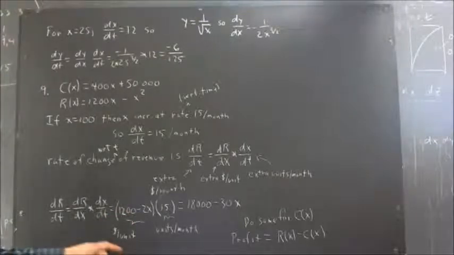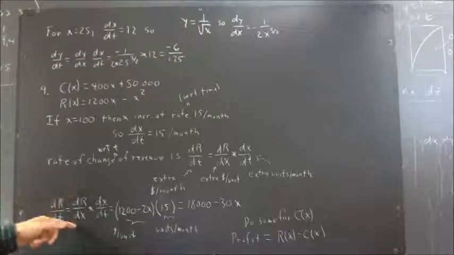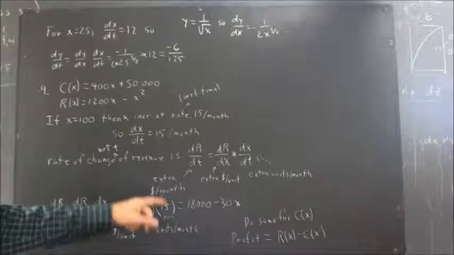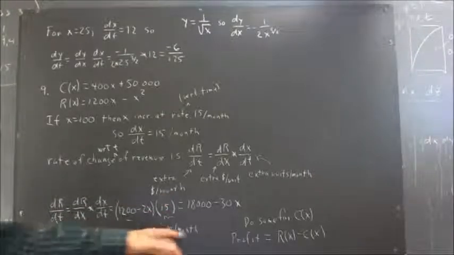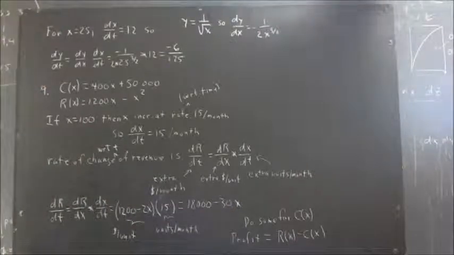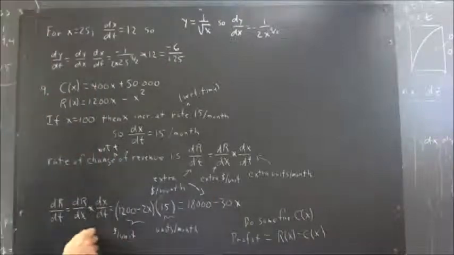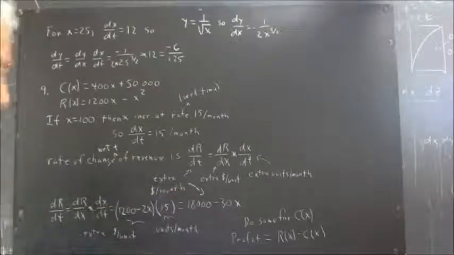Again, that dR/dx is the number of dollars per unit. We multiply that by the number of units per month, and we get the number of extra dollars per month. And that would be this quantity here. And I should say this is the extra dollars per unit here. Okay, there's the interpretation.